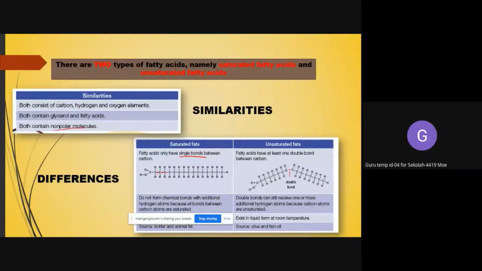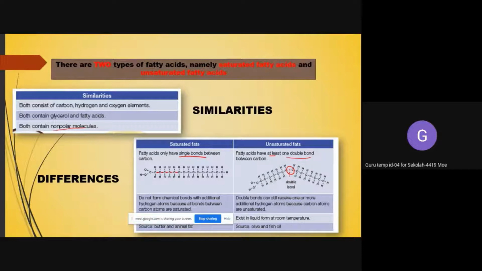Ada single bond sahaja between carbon. So untuk unsaturated fats, fatty acid have at least one double bond between carbon. Nampak tak ada double bond? Itu perbezaan yang pertama.